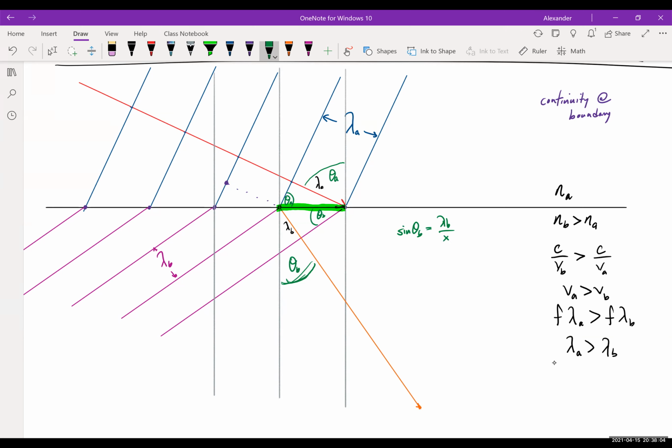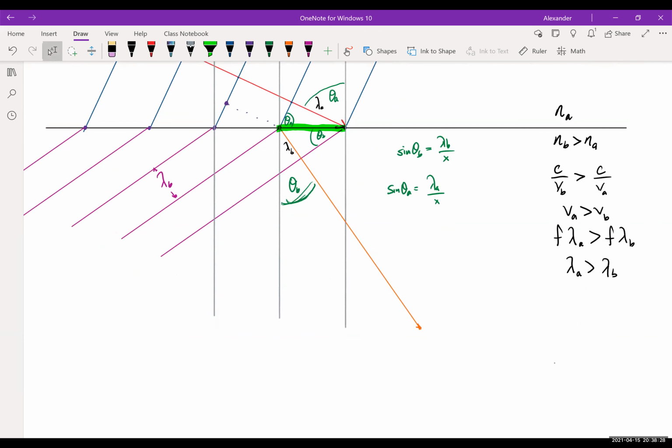We also know that the sine of theta A is the opposite side, which is lambda A, over the hypotenuse, x. So that's the same x, that green highlighted side, and that means we can solve the system, or I guess eliminate it from the system, I suppose.